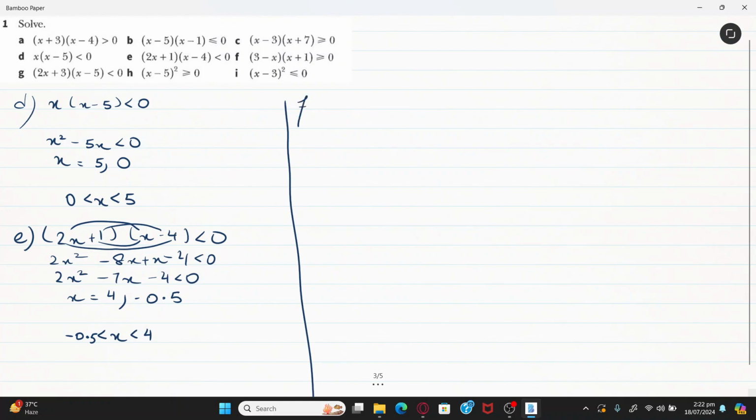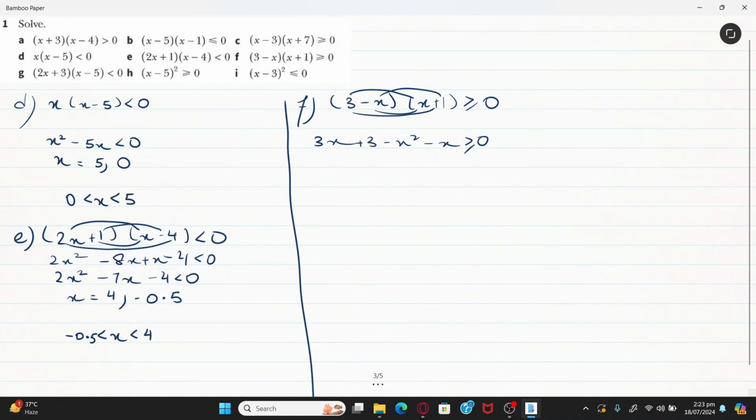We are going to say for part F, we have 3 minus x multiplied by x plus 1 is greater, lesser than, sorry, yeah, so it's greater than or equal to 0. So first 3x, outer positive 3, inner negative x squared, last negative x is greater than or equal to 0.